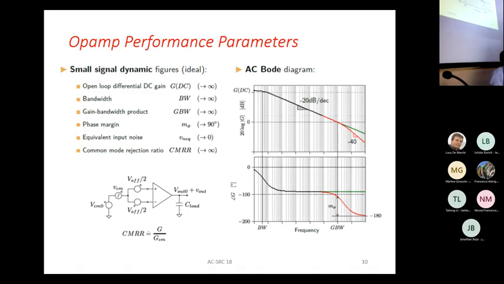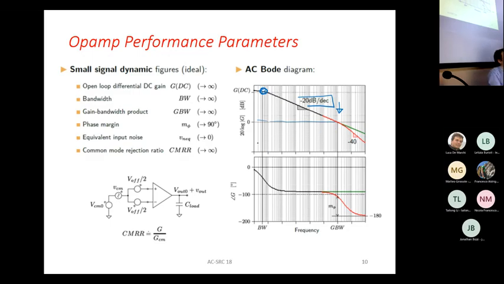We know that each op-amp will have a characteristic frequency response, characterized by a trend like this, in which we have a dominant pole, then we lose 20 dB per decade or 6 dB per octave, and therefore, very quickly, we will have a gain which is almost unitary or even less than that.